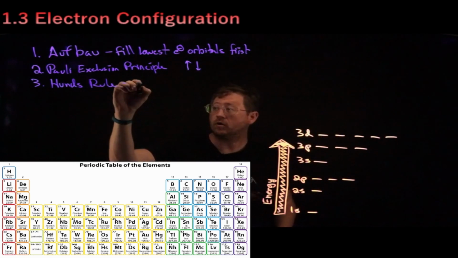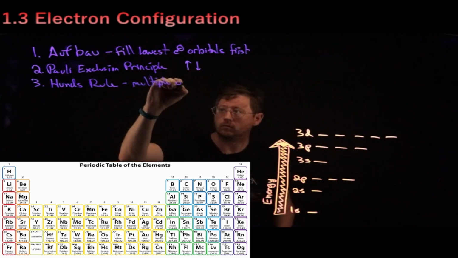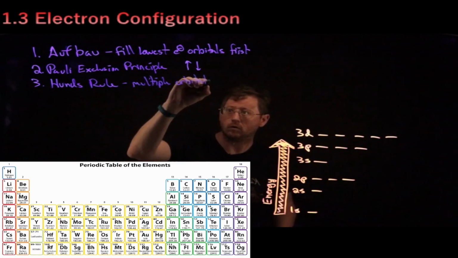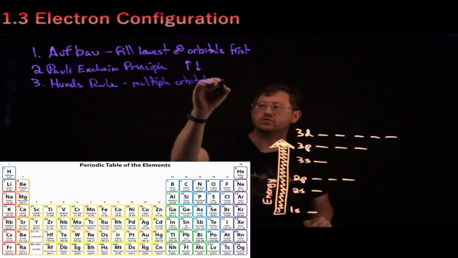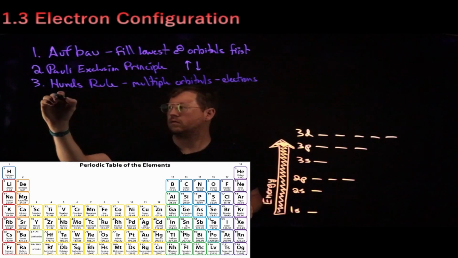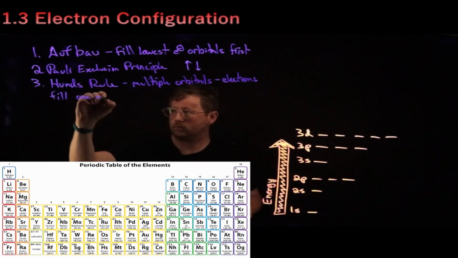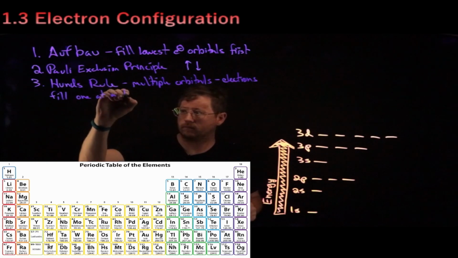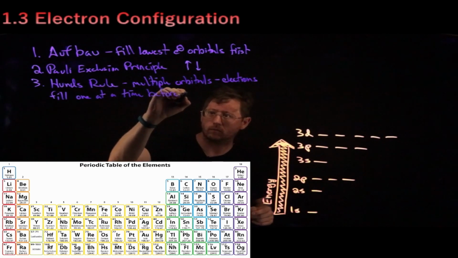So with multiple orbitals, electrons fill up one at a time before pairing.